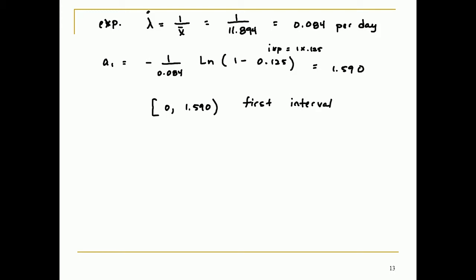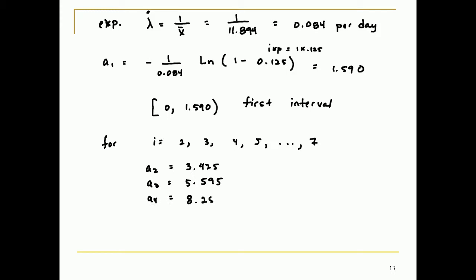So if you perform the same computations for the next 7 intervals, for i equals 2, 3, 4, 5, up to 7, you have a2 equals 3.425, a3 equals 5.595, a4 equals 8.252, a5 equals 11.67, a6 equals 16.503, a7 equals 24.755.